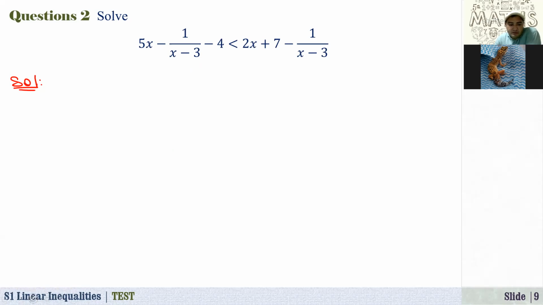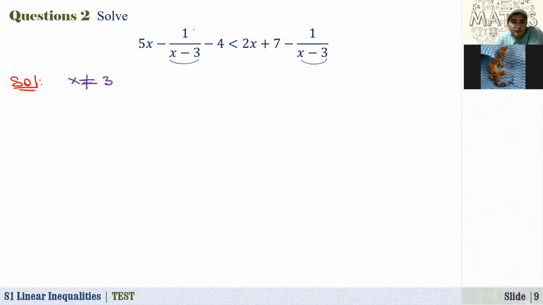We don't have a division by 0. So since here we have x minus 3, and also here we have x minus 3, x minus 3 cannot be equal to 0. So that means x is not equal to 3.